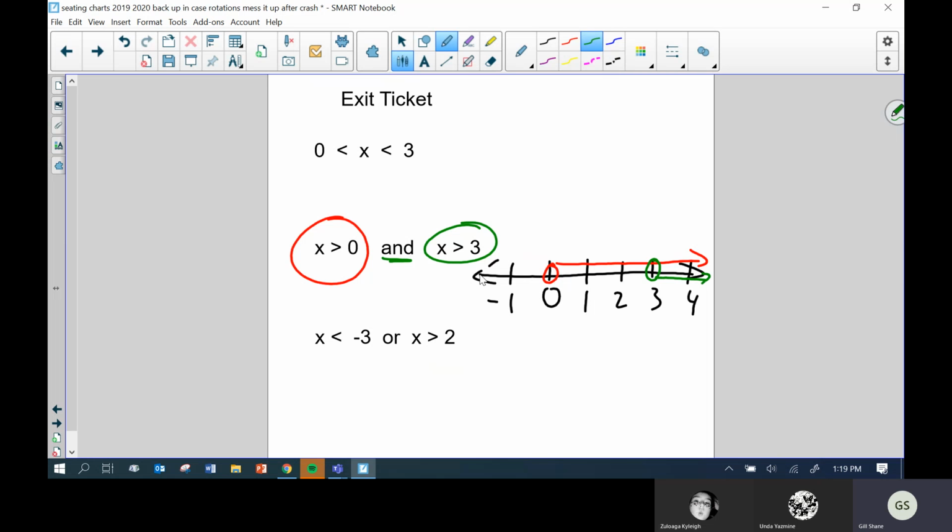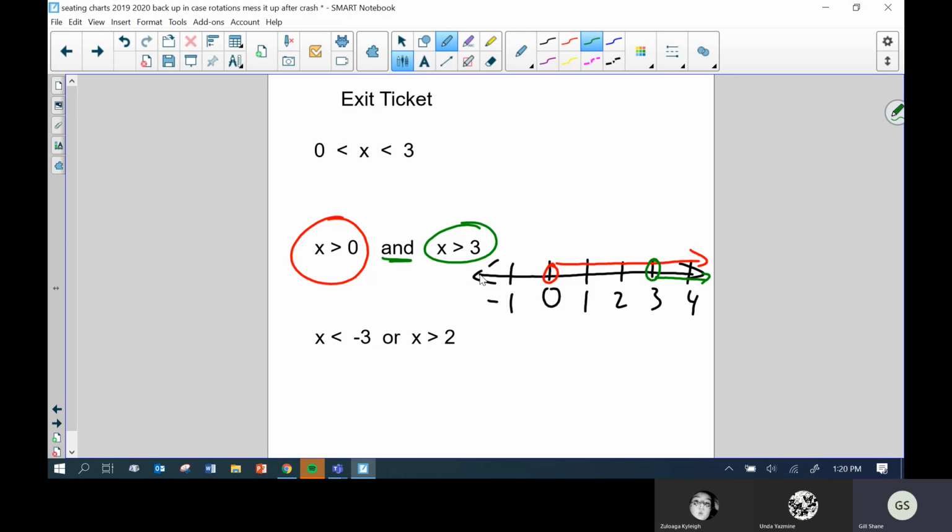So if it's "and," how do we determine our final solution? If it's a compound inequality with "and," which section is our final solution? Trying to help you guys out. Somebody say something. So what's our final solution if it's "and"? Which part of the number line? The middle part. It's not always the middle.